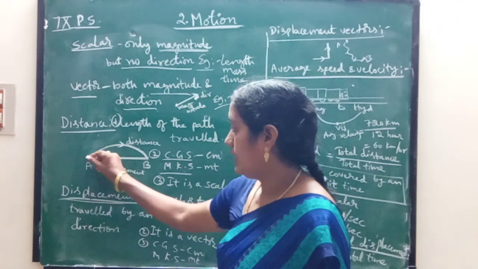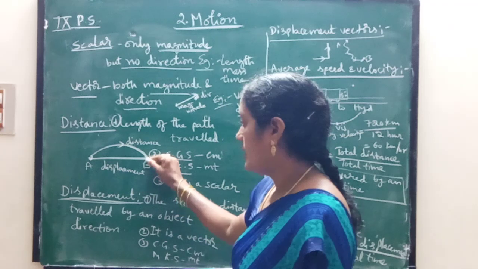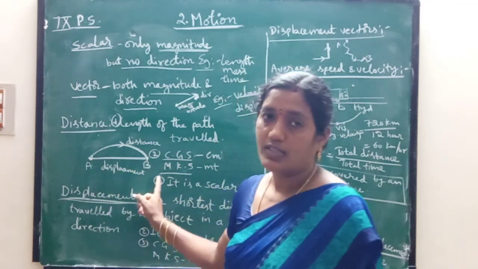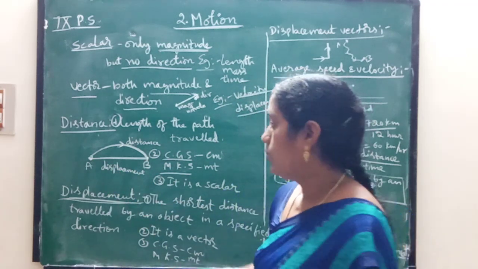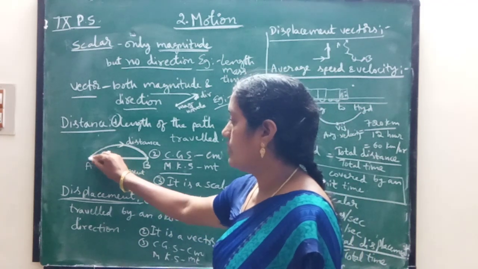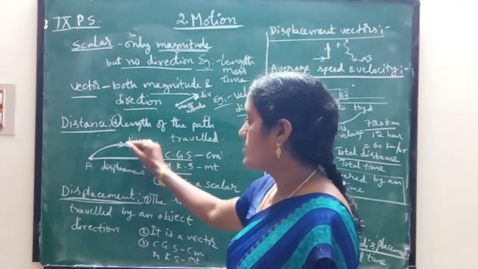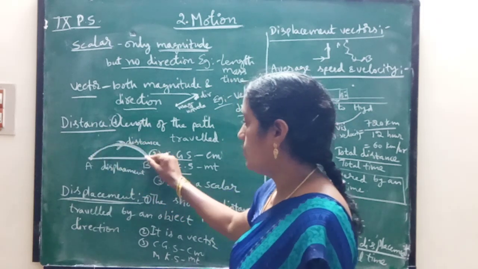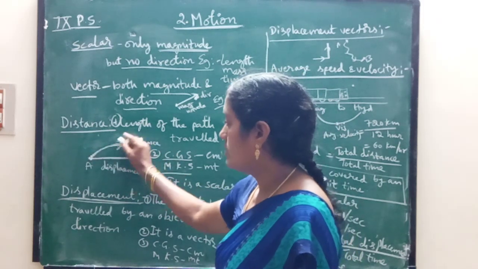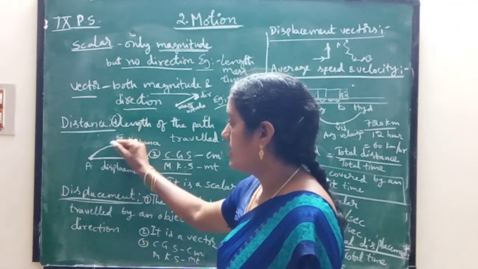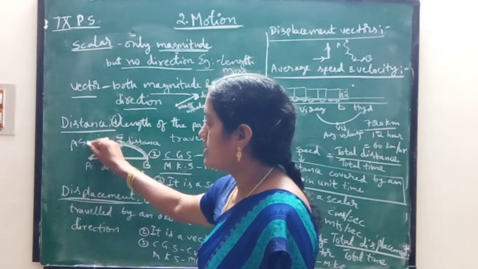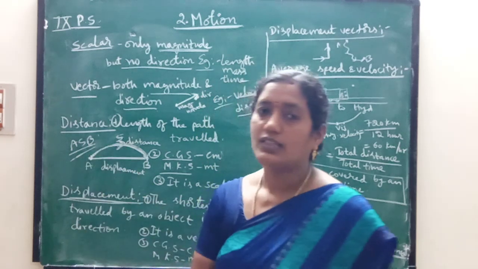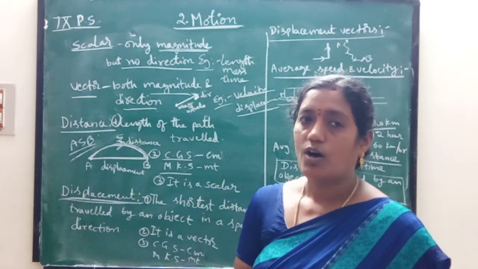Now here see, here one object is there, A, and here another object B is there, children. Now here a person is moving from here to here, so he chooses the path from A to B. This curve, suppose if I keep a letter here, S, then ASB is the length of the path covered by this object.